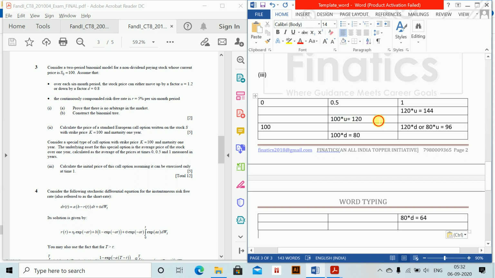Now we do not have to use u, we have to make an average of prices. So obviously 100 plus 120 divided by 2, so this becomes 0.5 into 100 plus 120, which equals 110.